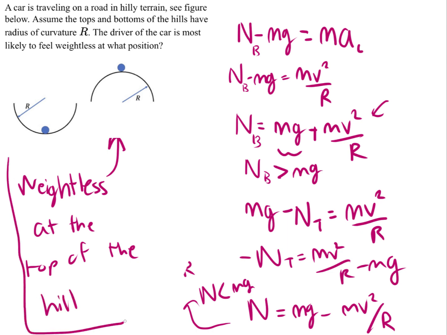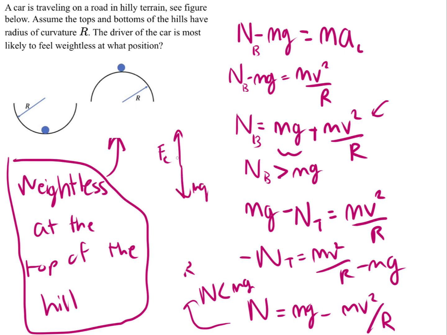That's our answer. And if you think about this, it makes sense, since at the bottom, the normal force needs to provide the centripetal force, as well as oppose the force of gravity that's pulling it down.